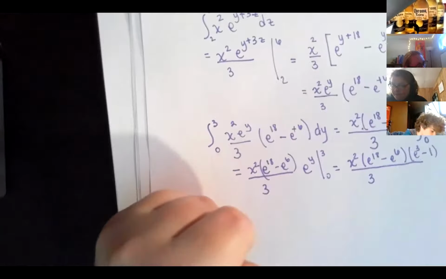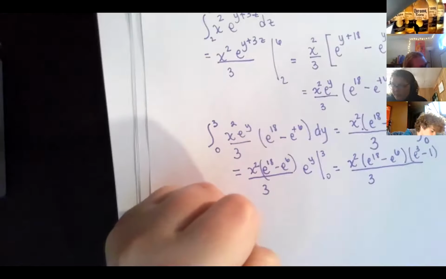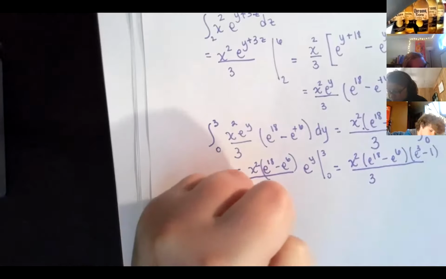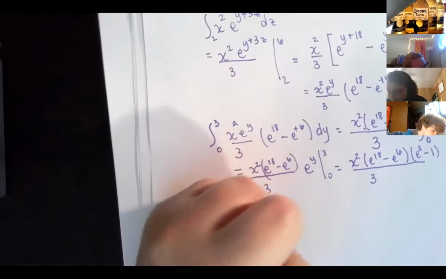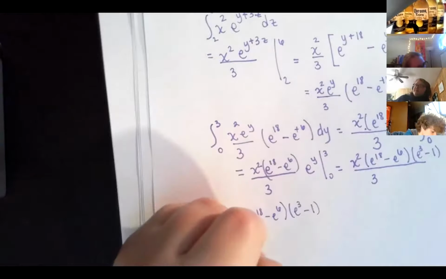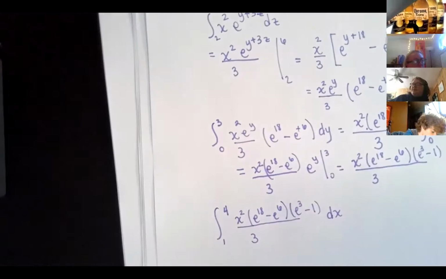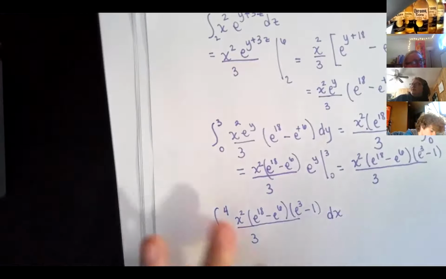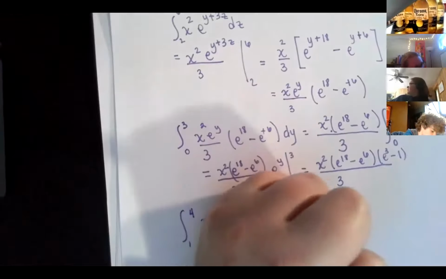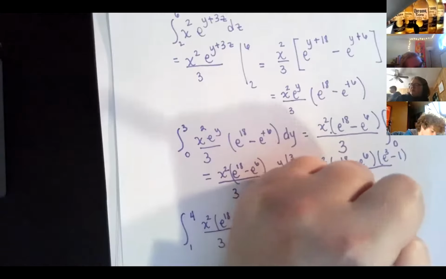So the integral from 1 to 4 of x squared times e to the 18 minus e to the 6 times e to the 3 minus 1 over 3 dx. So these guys are all constant, so I can just tag those along and bring them out.